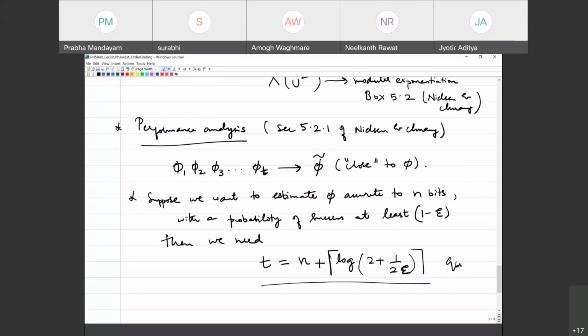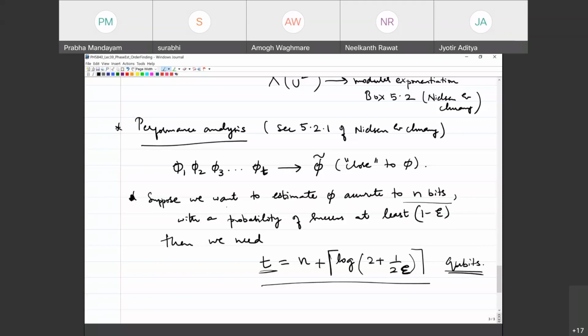Okay? So the smaller you want to make this probability of failure of estimating to n bits, the more T has to exceed n, right? And in some sense, the more data qubits that you use, the smaller you can make this failure probability. Okay, so this is just a statement that I wanted to show you.